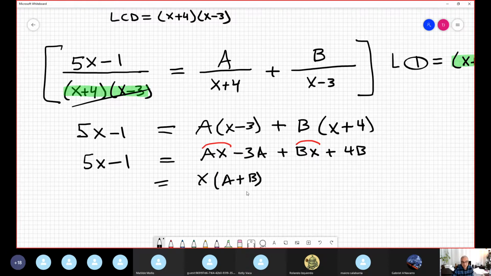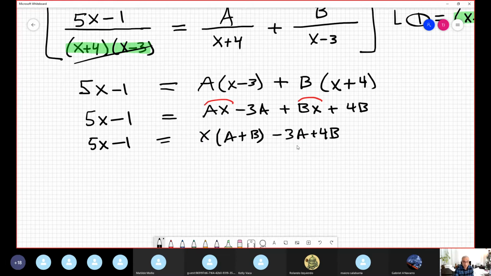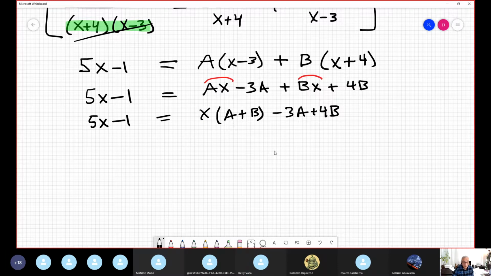And the other stays the same because it does not contain x: minus 3a plus 4b. And we compare with the left hand side. It is obvious, at least in my mind, that a plus b is 5 because 5 is the coefficient of the x part, and negative 3a plus 4b is equal to -1. Yes or no?